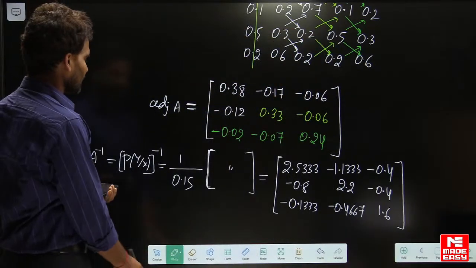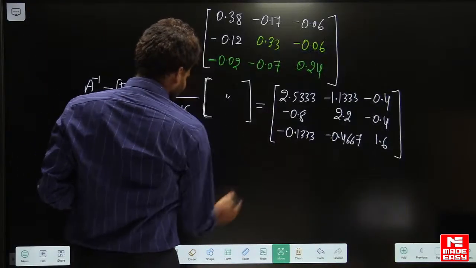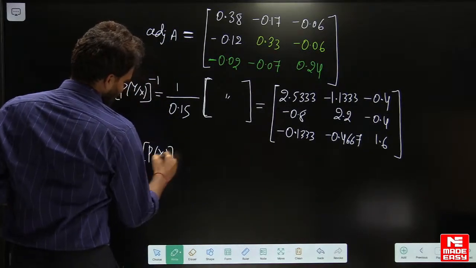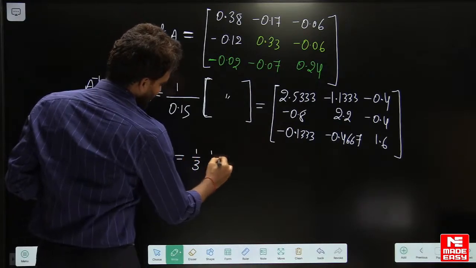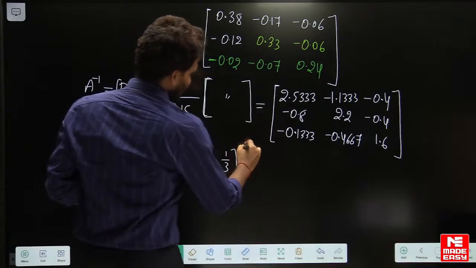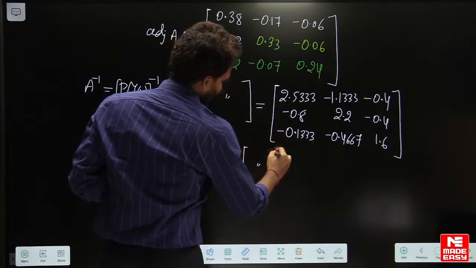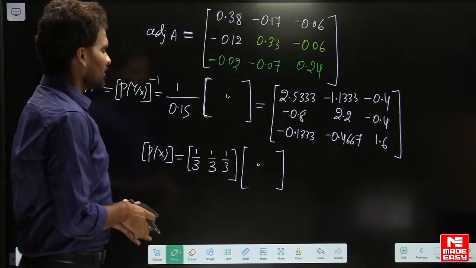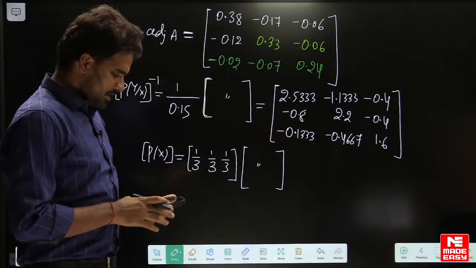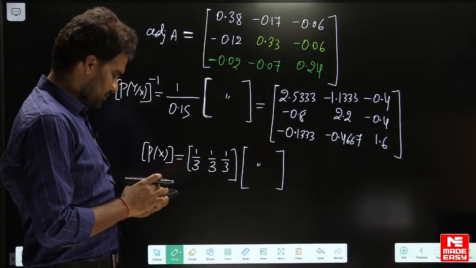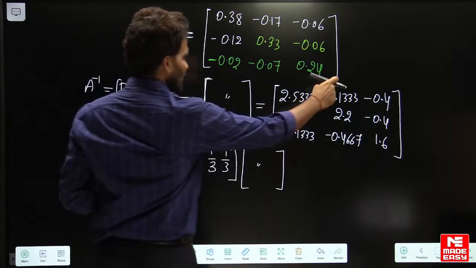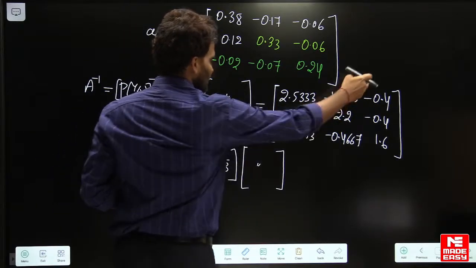This is Py by X inverse. Then Px is equal to Py, which is 1 by 3 each, into this Py by X inverse. And you know matrix multiplication, no? Multiply this row's elements with the first column's elements, this row with the second column, and with the third column.